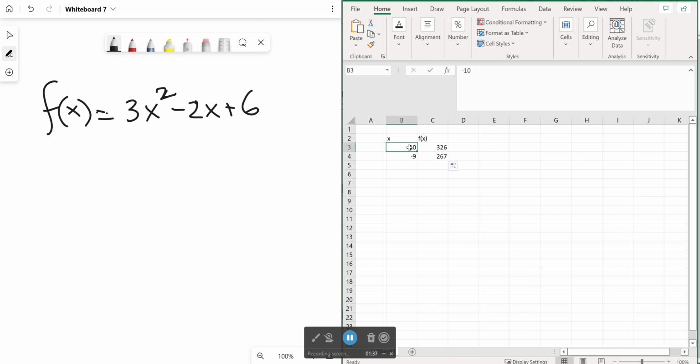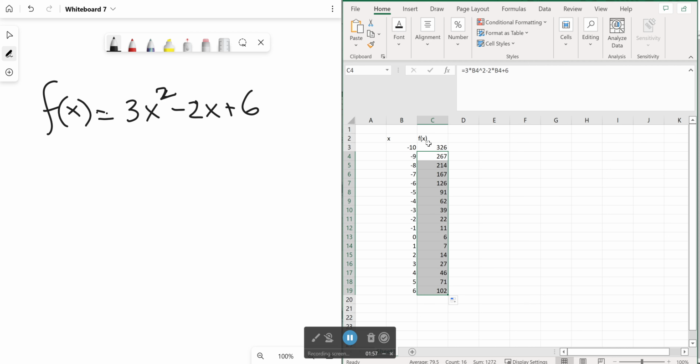So I could do them separately, so copy the pattern on inputs first, and then do the same thing for the outputs. So highlight, click on the formula, and then bottom right hand side corner, drag it down.